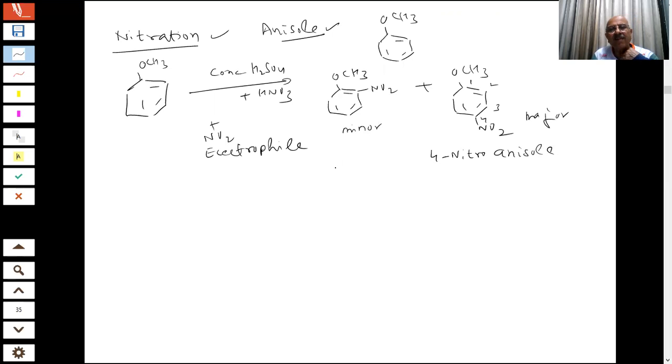These are all examples of electrophilic aromatic substitution reactions.